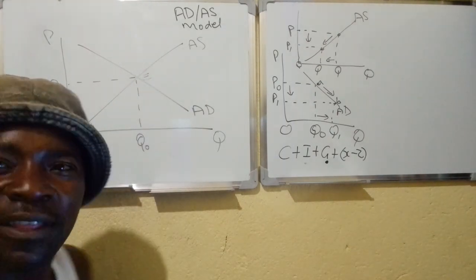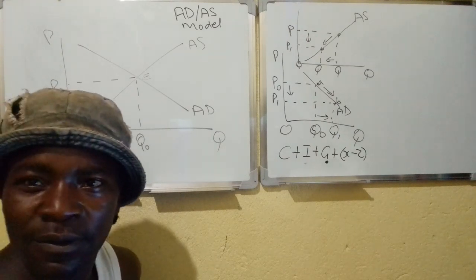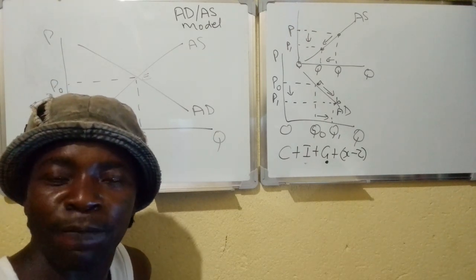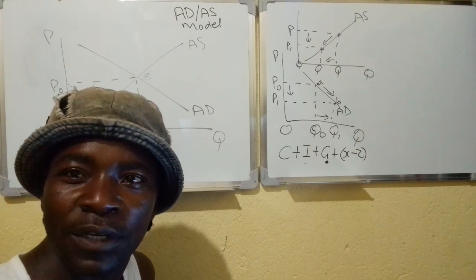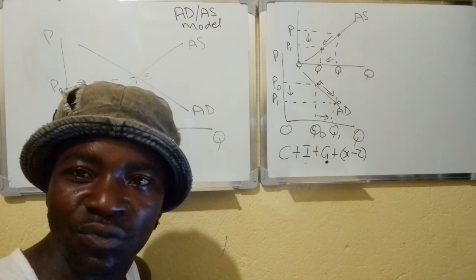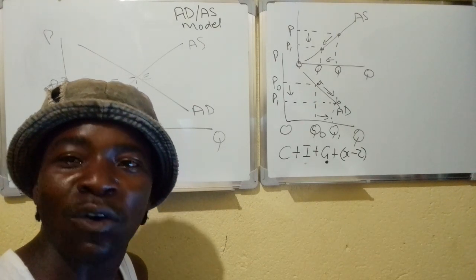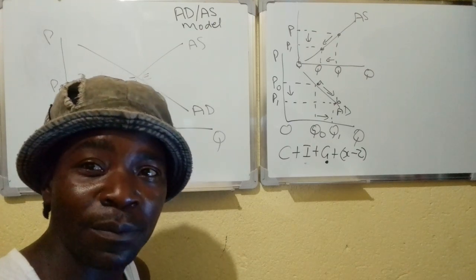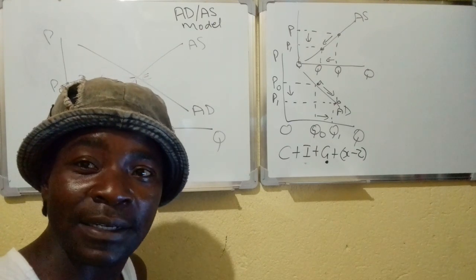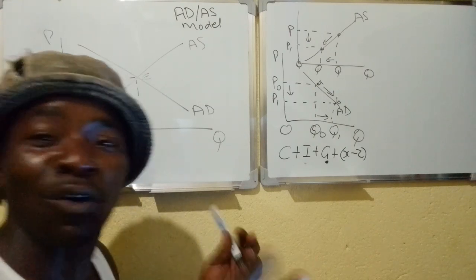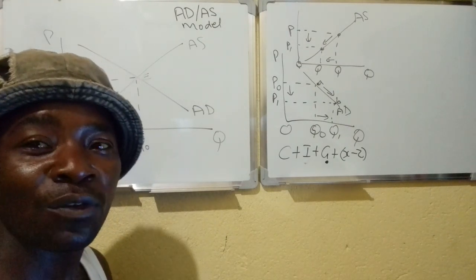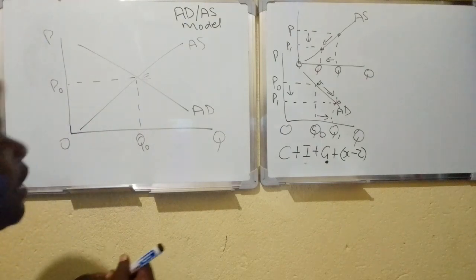Now, when there is an adverse supply shock, for example, when there's a drought, it will affect the whole farming industry. And when the whole farming industry is affected, prices of food will be affected. And when prices of food are affected, it affects the whole price levels in the economy. So that is an adverse supply shock.